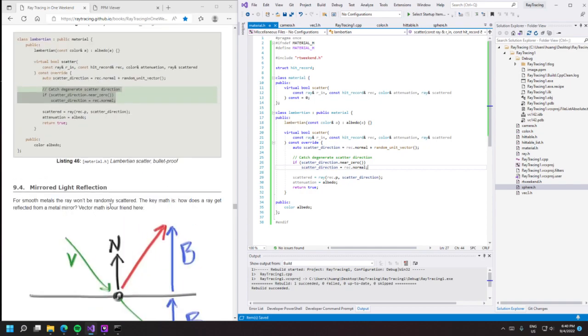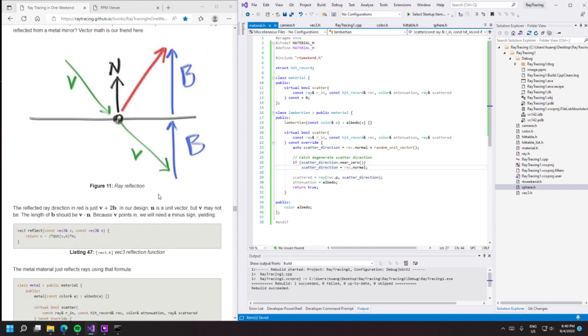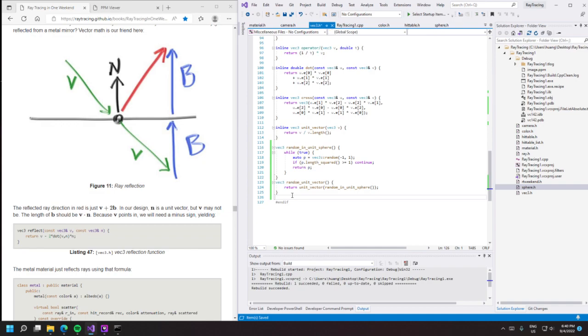For smooth surfaces, smooth metals, the ray won't be randomly scattered. The key math is how does the ray get reflected from the metal surface? Well, this is basically just reflected along the normal vector. This is the reflect method. And okay, this part is the part that I understand finally. I really don't understand what's going on for the distribution and the physics.